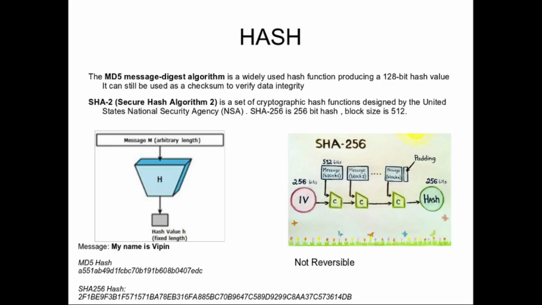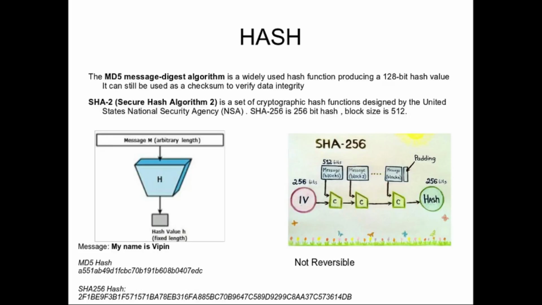We take 512 bits of the message block, run the algorithm and produce a 256-bit output. The same 256 bits are then used again along with the next 512 bits of the message to produce 256 bits again, and so on.